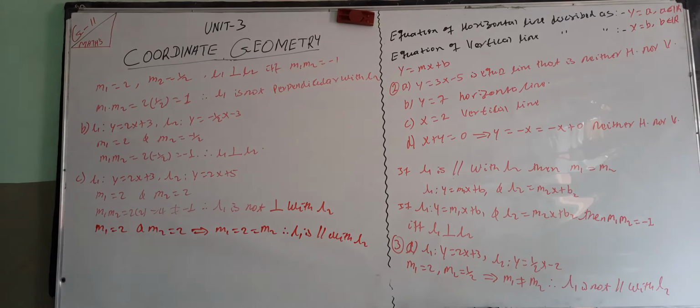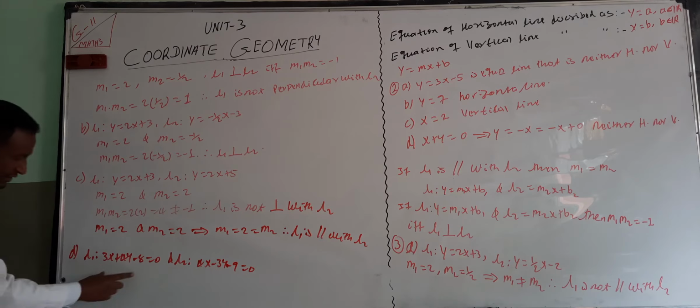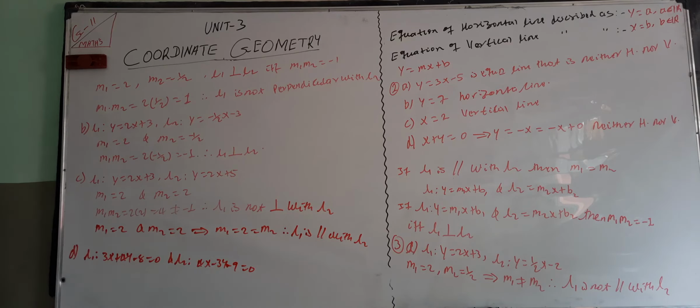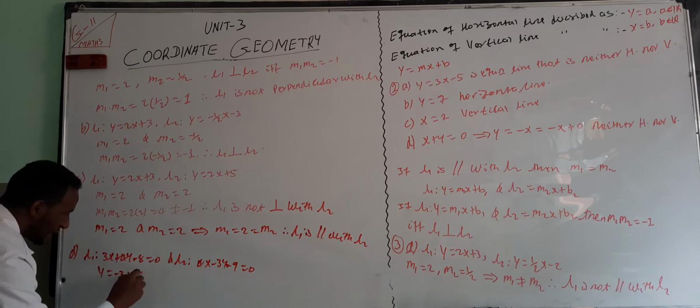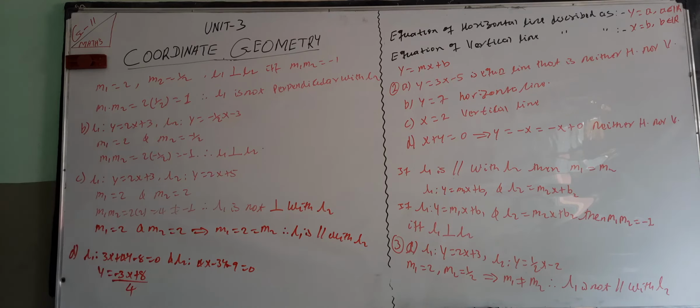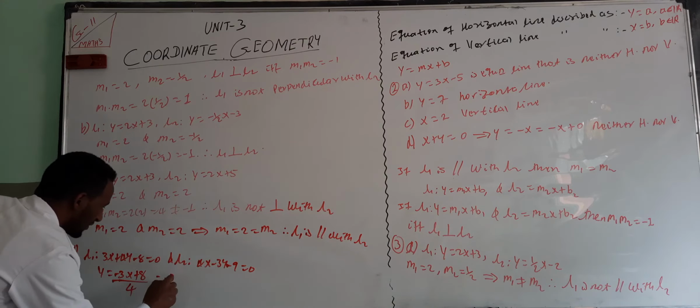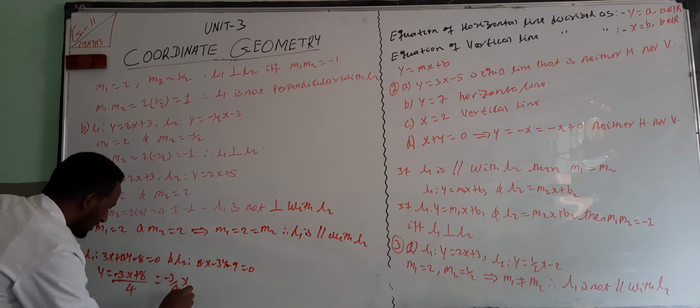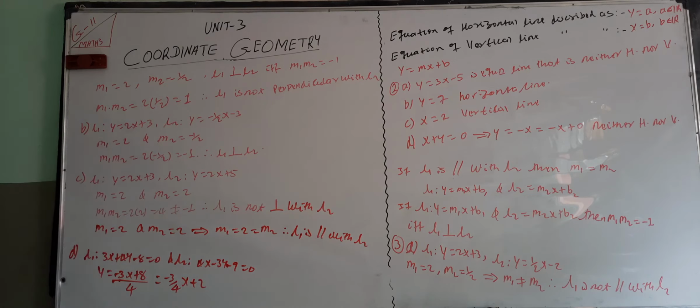Parallel with L2. D. We can change this general equation of line into y is equal to negative 3x plus 8 over 4. It becomes negative 3 over 4x plus 2.